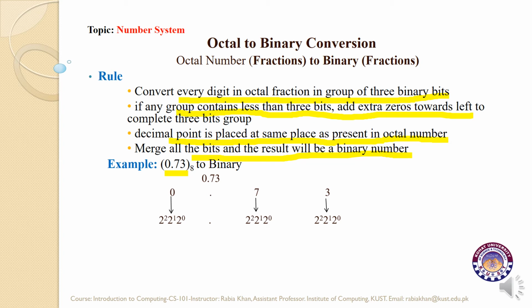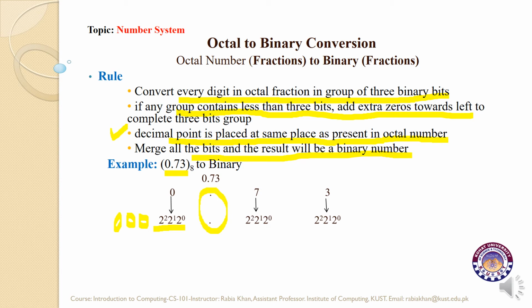Here you can see the point stays at its place. You cannot change the position of the decimal point, as I have mentioned in the rule. So 0 would be generated if we switch off all the bits. All the bits kept 0 would ultimately generate a 0.